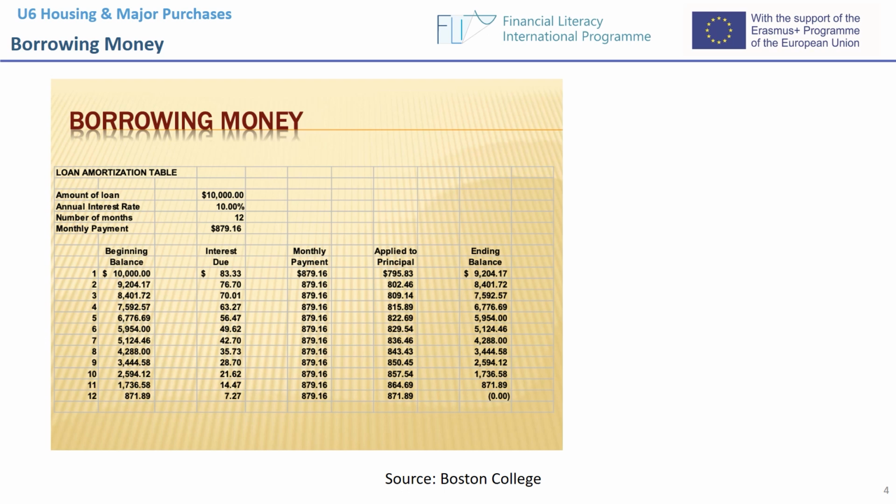What is calculated in the first step here is the interest portion based on the original loan amount of $10,000. This results in a monthly interest amount of $83.33. If one subtracts this amount from the monthly agreed payment, one receives $795.83, which is set as a repayment.